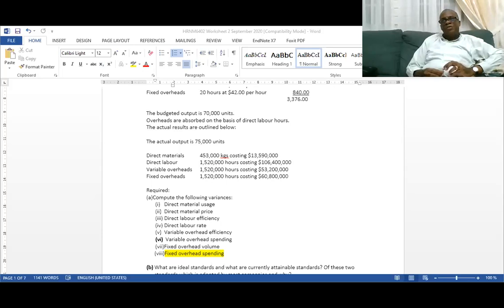And budgeted fixed overheads is equal to budgeted output multiplied by standard fixed overheads per unit.